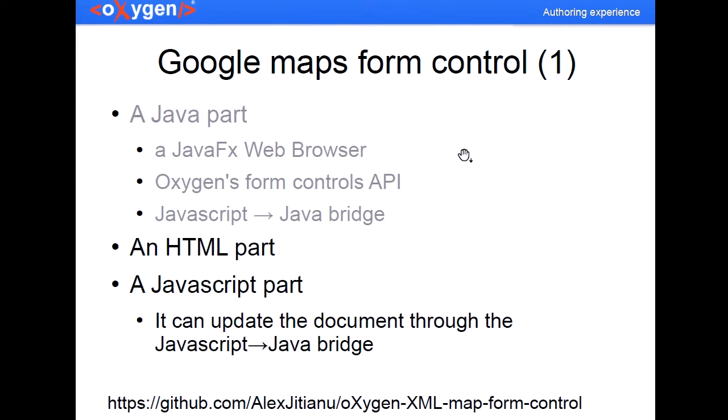This proof of concept that I made, it's available on GitHub. So if you're interested in having a look, if you want to contribute, that will also be great. So perhaps we can build this bridge, this layer of interaction, make everything that the Oxygen API provides available in the JavaScript as well, and then everyone could just use HTML and JavaScript and build form controls.